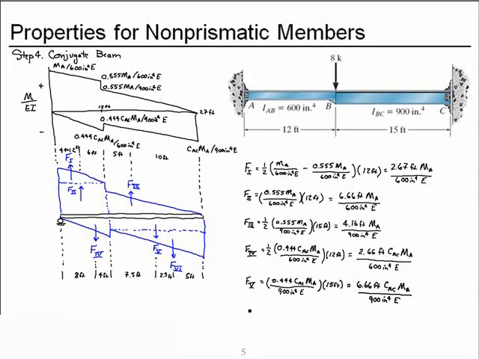One left. Force 6. This one's triangular, and its height we have to obtain by subtracting this quantity from this quantity.